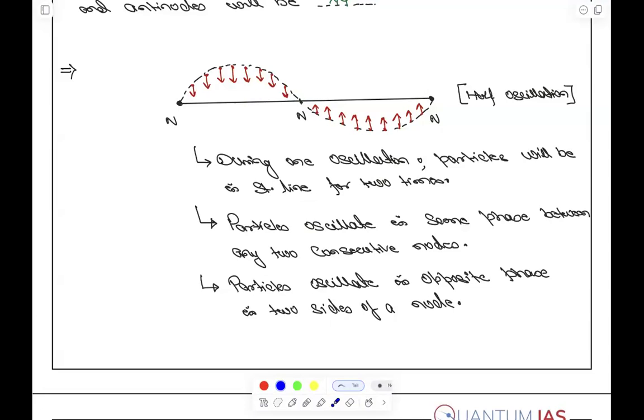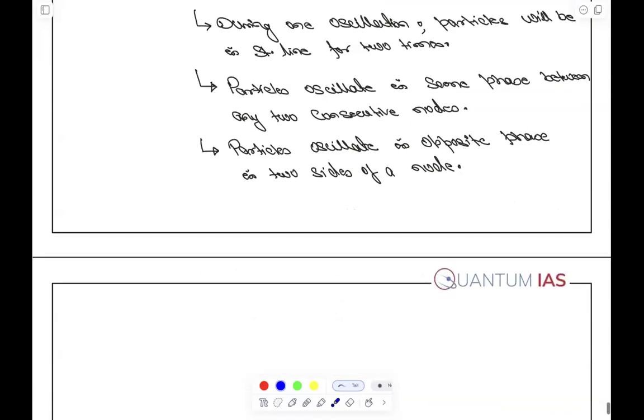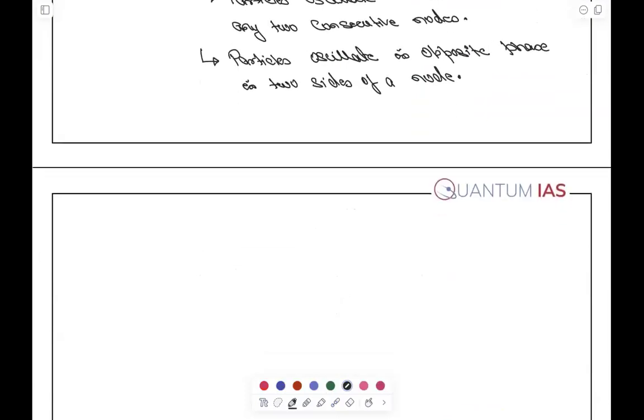Let's do that. Partial standing wave. I am writing partial standing wave. That is, it is not a completely full standing wave. I am just telling you that if a numerical ever comes, you should use your brain there.